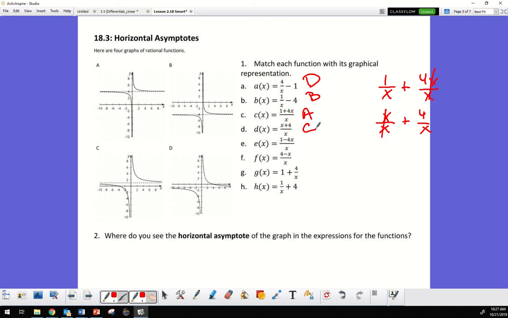Okay. Now can we do the same thing for E? So where's the one for E going to be? -4, and that letter is B? B. Very good. How about F?